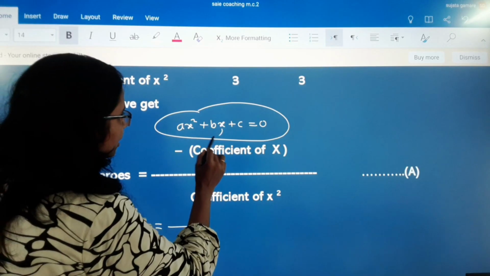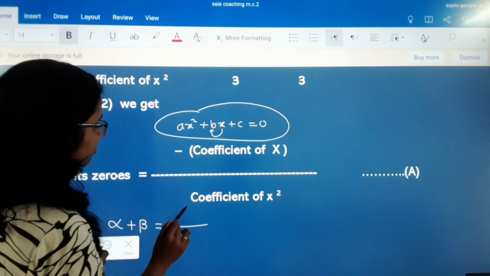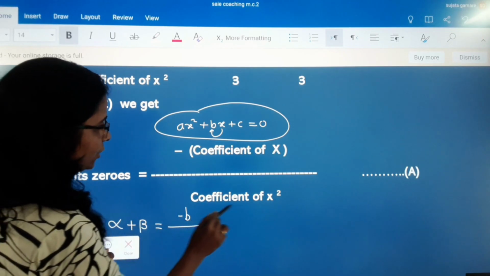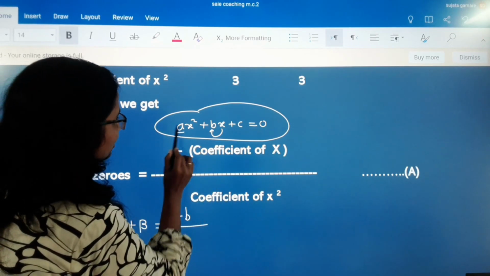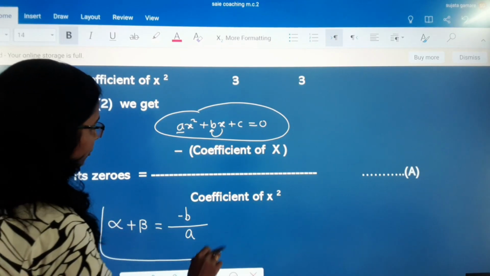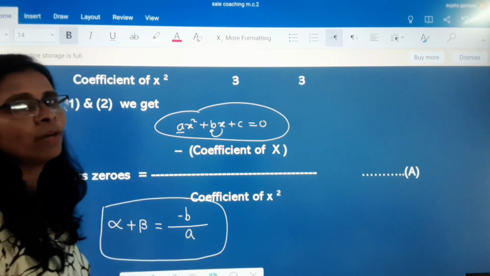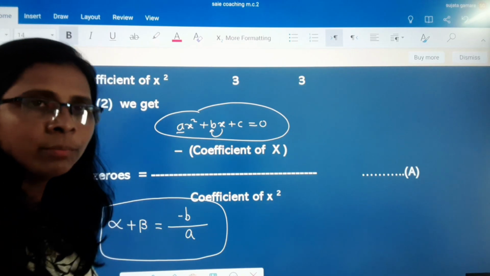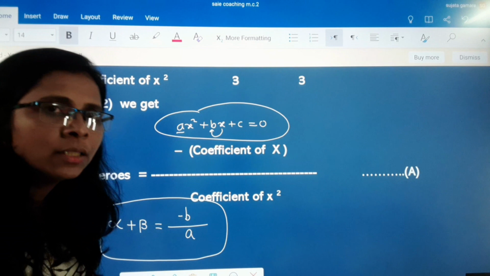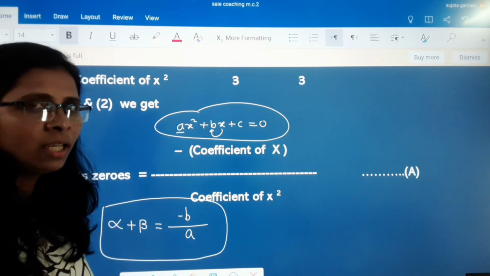Here the coefficient of x is b, with the minus sign, so minus b, and the coefficient of x square is a. So this is our short way to write the formula for the sum of the zeros: alpha plus beta is equal to minus b upon a. Okay, got this point?